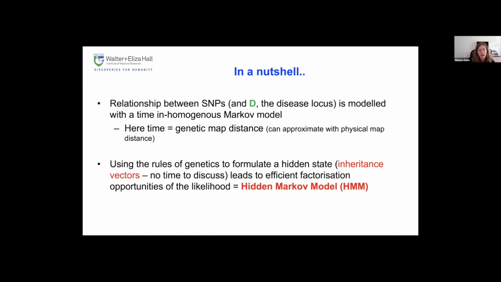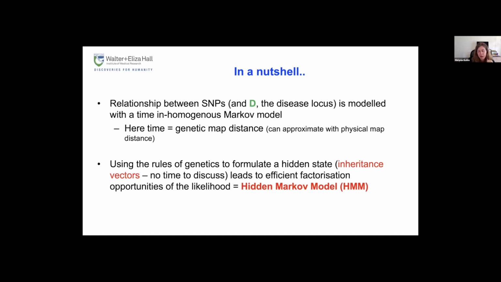So basically, the likelihood is set up, and the calculations for the likelihood, even though we've got a very big matrix, a very complex set of structures, it's really utilizing the rules of genetics to formulate a hidden state.